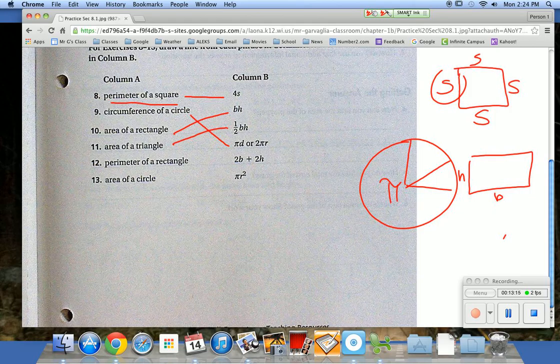It always has to have pi in it, right? Pi r squared, right here. And then the last one, perimeter of a rectangle. 2 times the base plus 2 times the height, or base plus height plus base plus height. Yes.